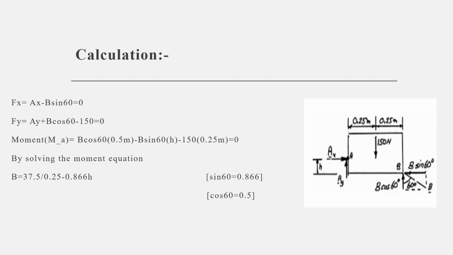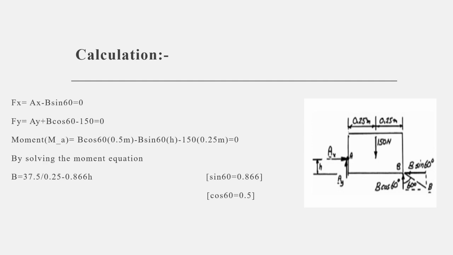While solving ΣFy, we take the components in the y axis. When going up it is positive, and going down it is negative. So ΣFy = Ay + B cos 60 − 150. 150 is the weight, in newtons, acting on the block.